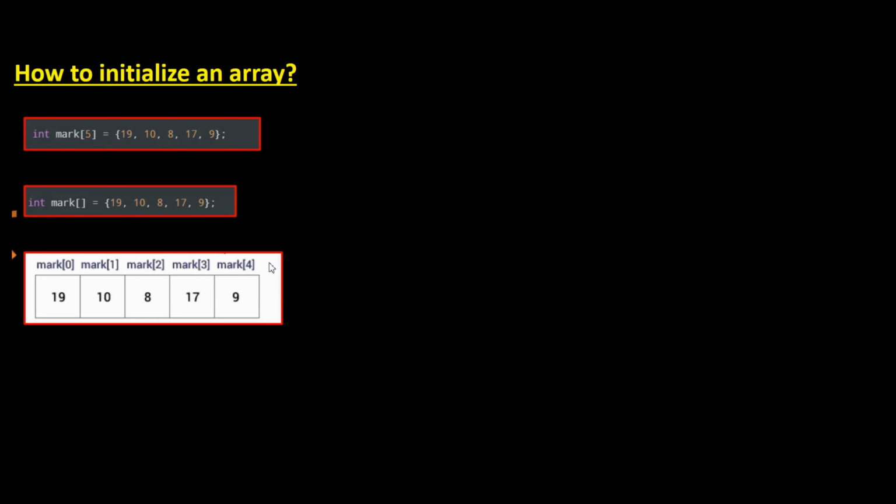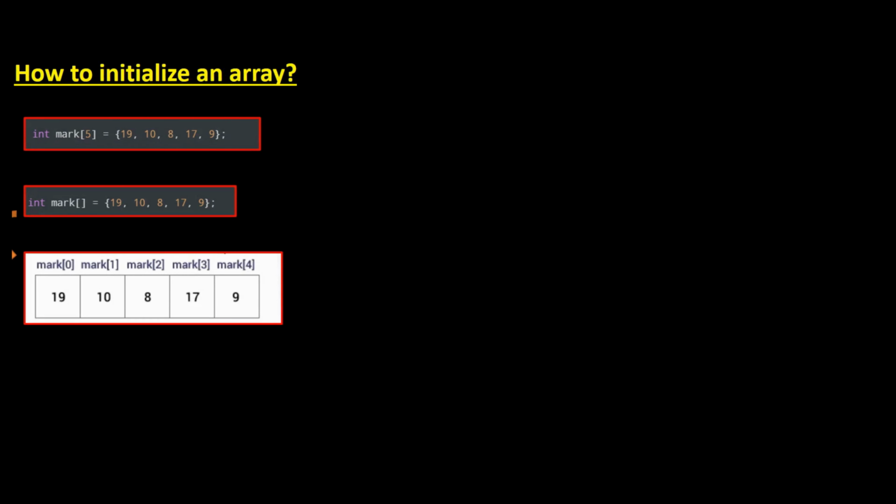The name of this array is mark. We have 5 elements: mark[0], mark[1], mark[2], mark[3], and mark[4]. If we want to access the second element, we have to write mark[1]. If we want to access the first element, we have to write mark[0], because indices start at 0.